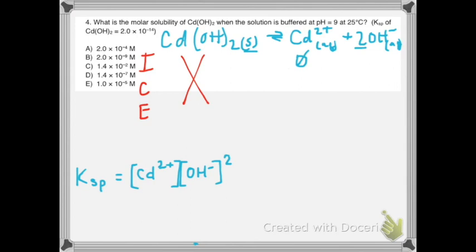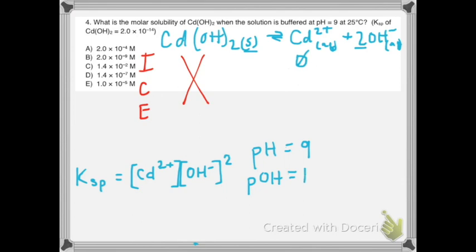They tell us here that the pH is equal to 9. But we don't care about hydronium, right? We care about hydroxide. So we want to know about the pOH.